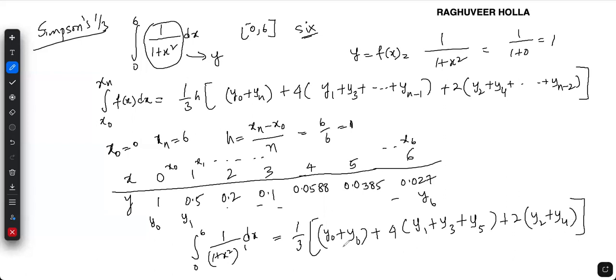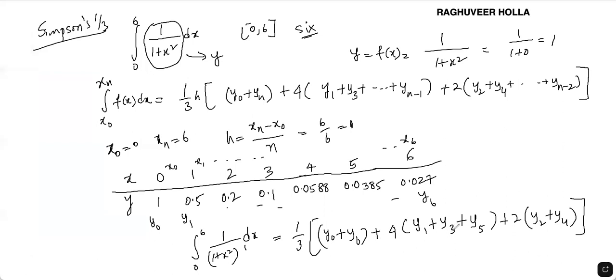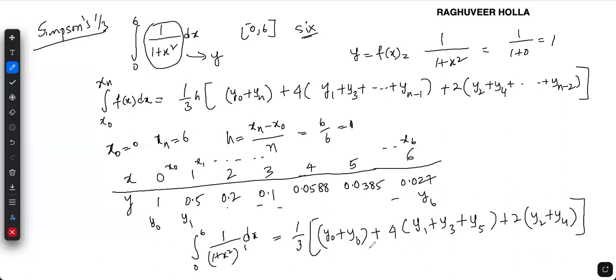So we have covered y0, y1, y2, y3, y4, y5, y6. Let us substitute all those values, and we get 1.3662.